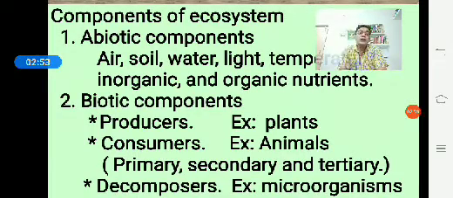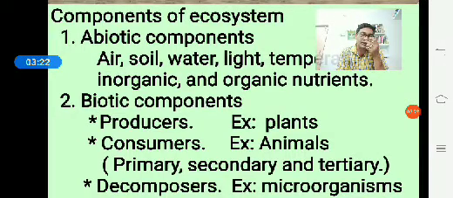The last group in the biotic components is called decomposers. The best example is microorganisms. Decomposers are saprophytic organisms which derive their food by decomposing dead parts of plants and animals.